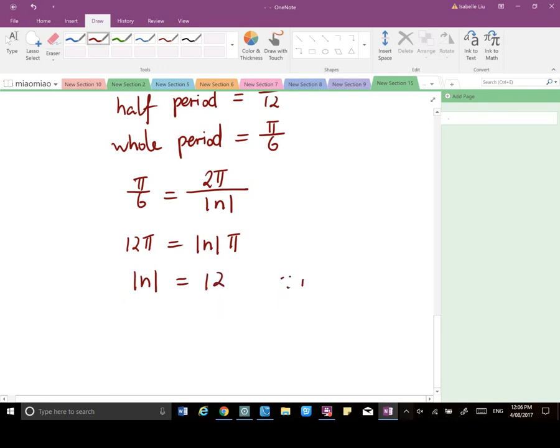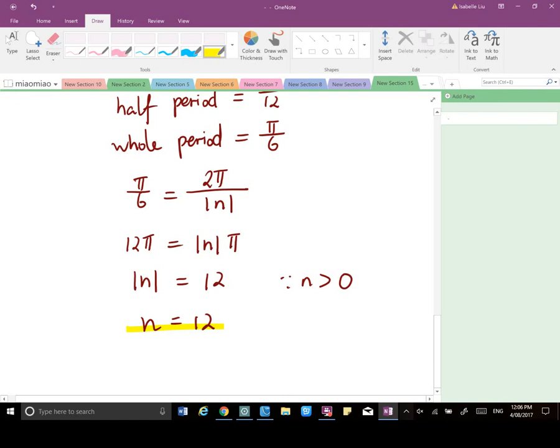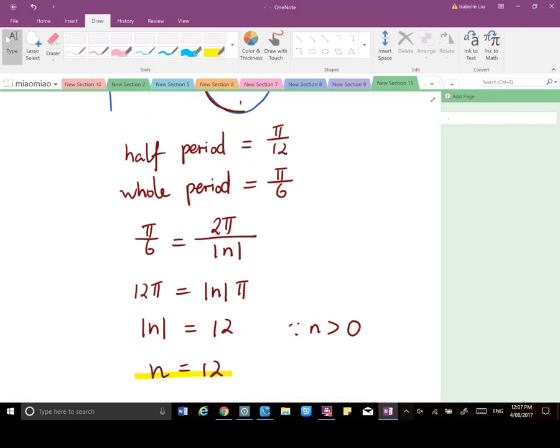But because n is positive, n is 12. That's my third solution here. So n is 12, a is negative 12. Wait, it's 2 pi divided by, yep, that's correct, pi on 6. Pi on 6 is the period, and you divide 2 pi by that, and that gives you the n value. And the n value is just 12.